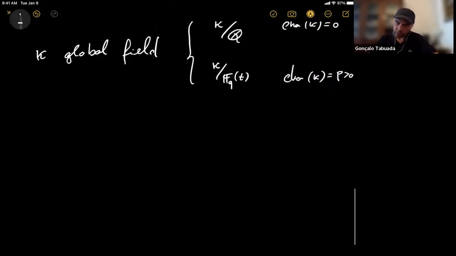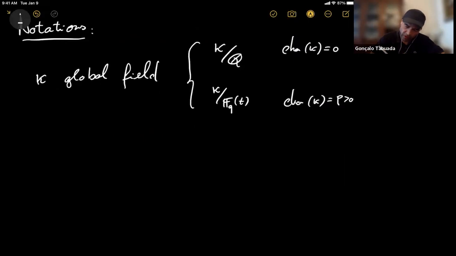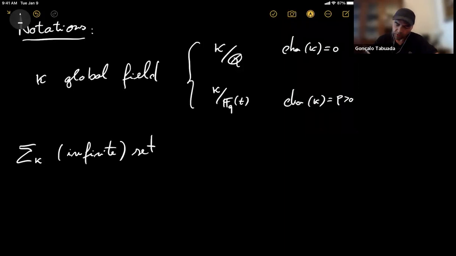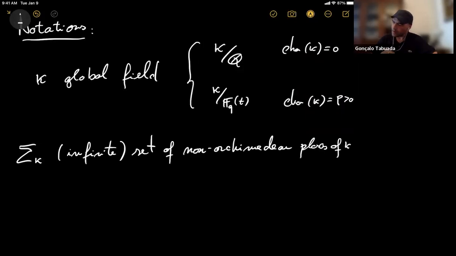Whenever we have a global field, we denote by sigma of little k, which is Serre's notation, the infinite set of non-Archimedean places of our field.